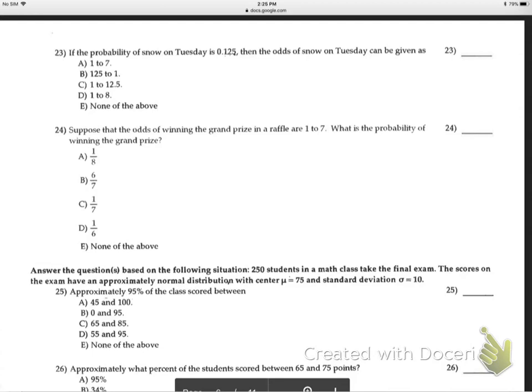Okay, so probability of snow on Tuesday, then the odds. So here we go. So probability 0.125. You got to change that to a fraction. It's going to be 125 over 3 zeros this time, right? Because that's 3 decimal places. So 125 over 1,000. If you reduce that thing, divide top and bottom by, I guess, try 125. Does it work?